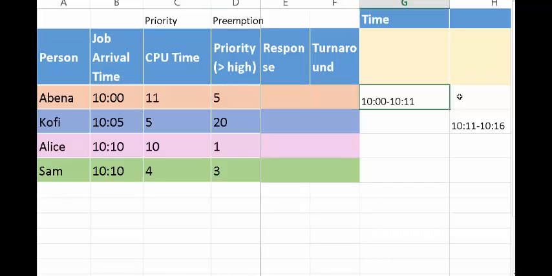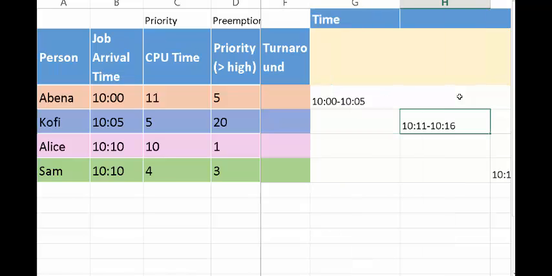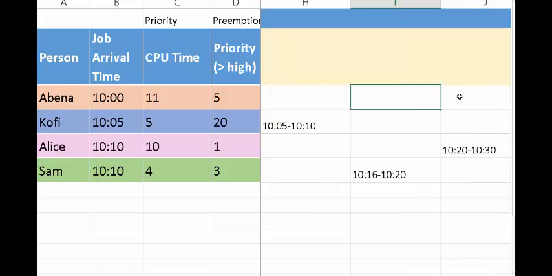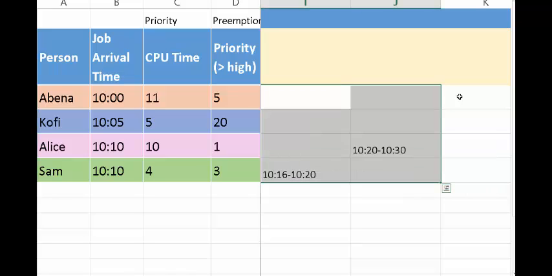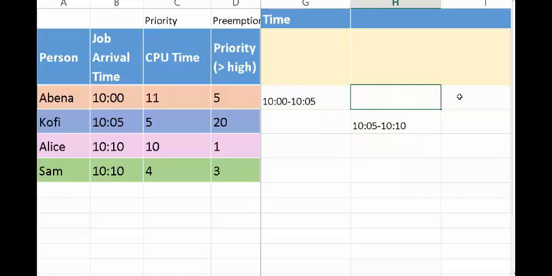Because Kofi came in with a higher priority, Abena would have been forced to stop at 10:05, right? And Kofi has the highest priority, so he can keep running from 10:05 all the way to 10:10. By the time he finishes, of the people remaining, the person with the highest priority, that's 5, 1 and 3. Abena has the highest priority in that case, so she can go from 10:10 to 10:15.